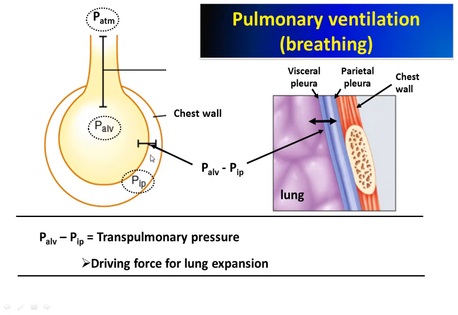It is the driving force for lung expansion, responsible for expansion of the alveoli. If the alveolar pressure is higher than the intrapleural pressure, then the alveoli will expand. And the opposite is true: if the pleural pressure is higher than the alveolar pressure, then the alveoli will collapse.